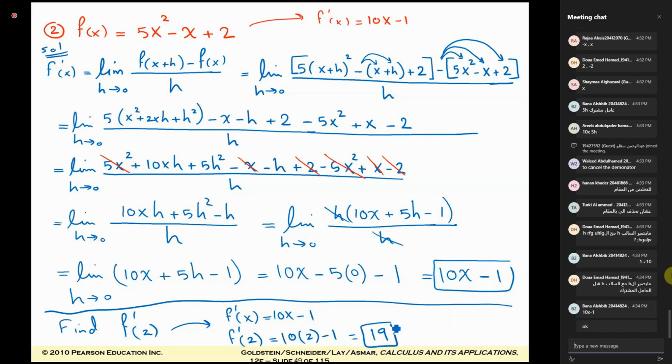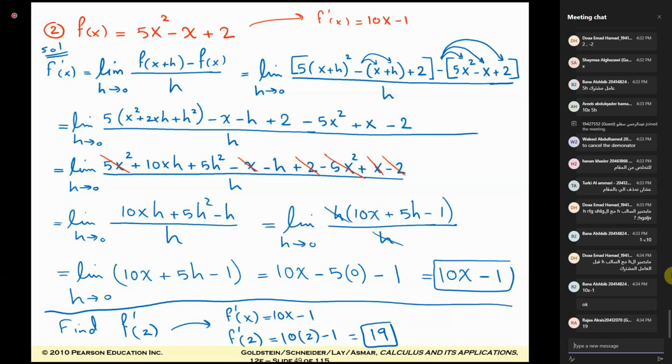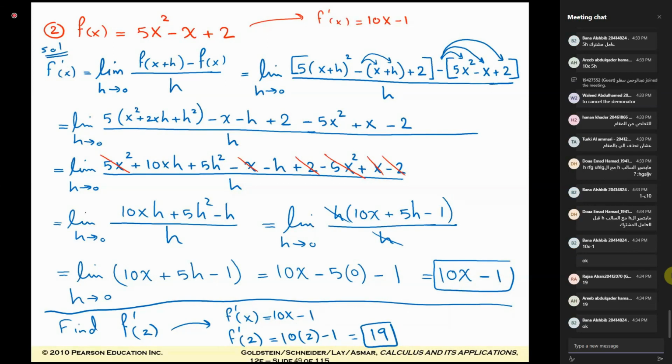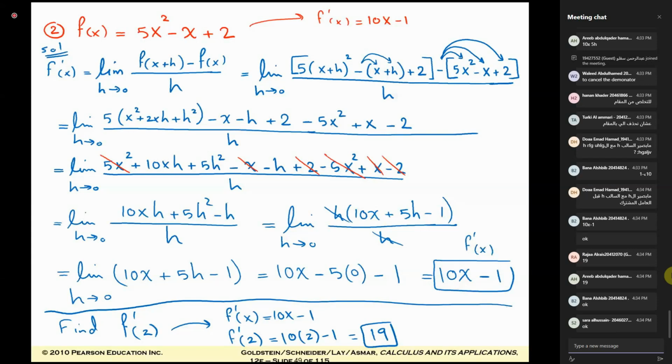This is if they ask you, after finding f prime, to find f prime at 2. But this is f of x, f prime of x. Okay, any question?